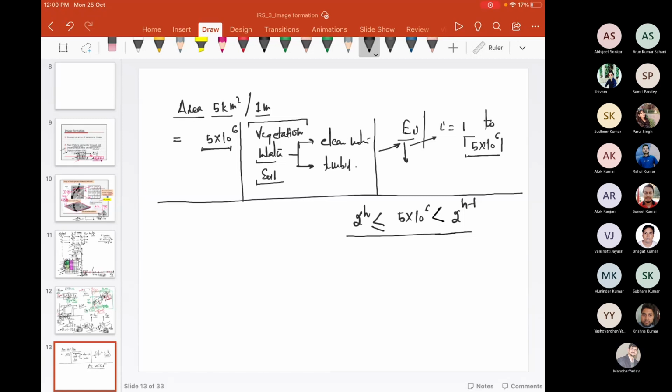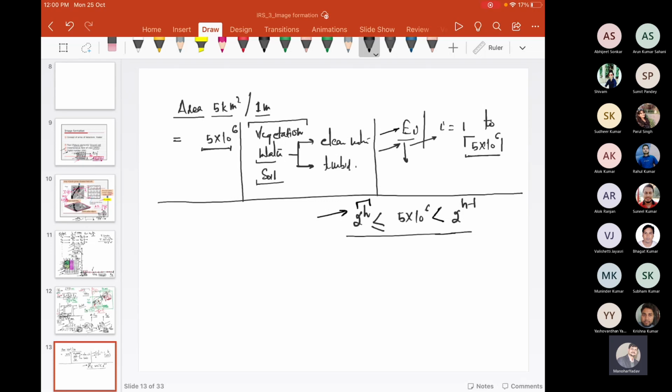If you solve this inequality, the n value will be very high, and that number of bits is required to store each and every energy component. But this is not a requirement in our case.